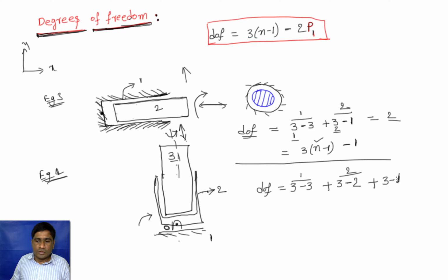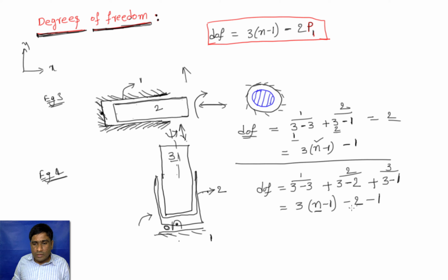So can I write like this? Only one constraint for the body 3. So this can be written like this: 3 into n minus 1 minus 2 minus 1. Here this n is the number of links. Here in this case it's a 3, and this 2, and you have 1.